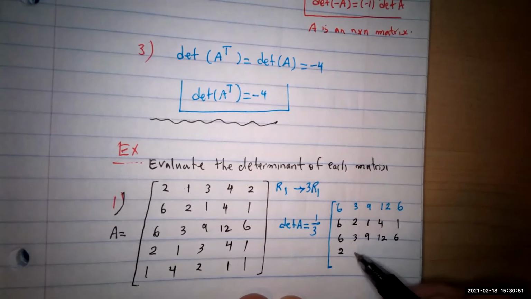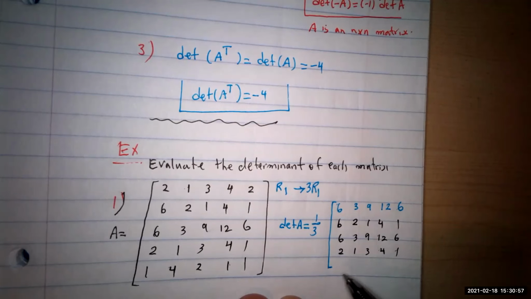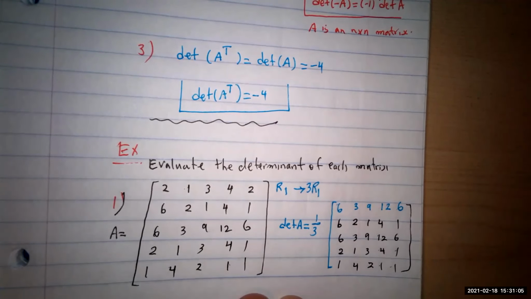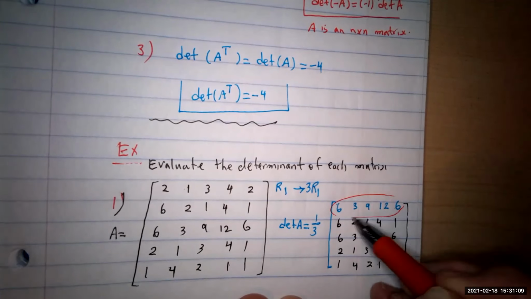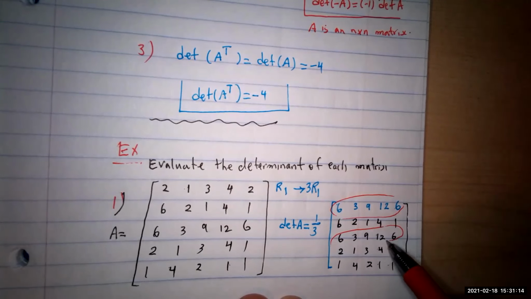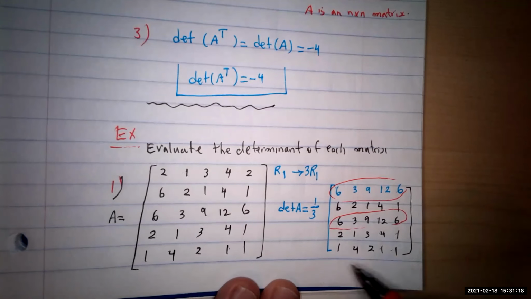And the rest is going to be 2, 1, 3, 4, 1, and the last one is going to be 1, 4, 2, 1, 1. Now you have two identical rows. One row is this one, and the other one is this one over here. So two rows are the same, so the determinant of this matrix would be 0.